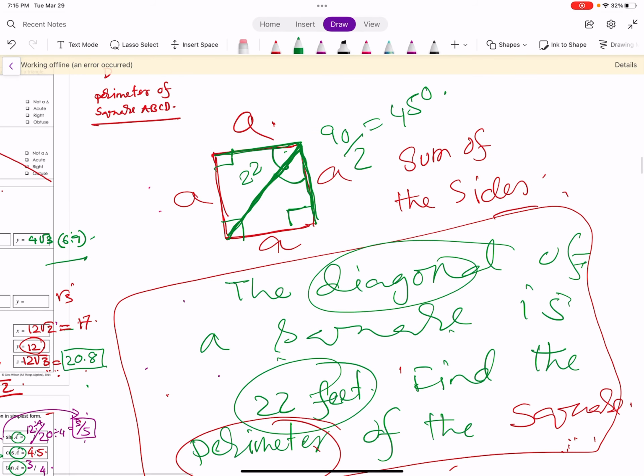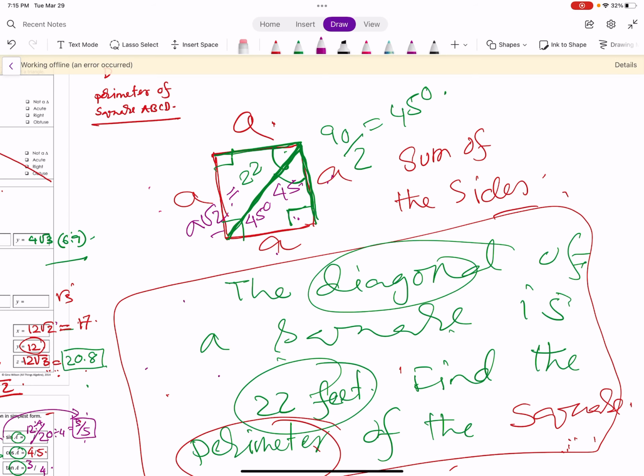All right. So this guy is 45. So you must have a 45 here, since you know it's 90. So if this side is A, this guy should be A radical 2.